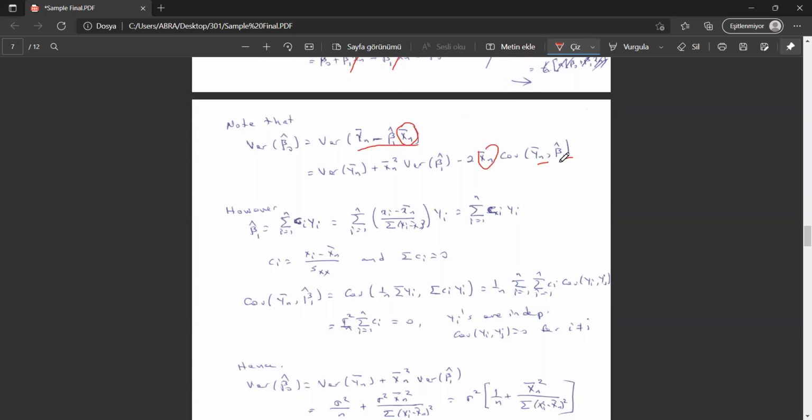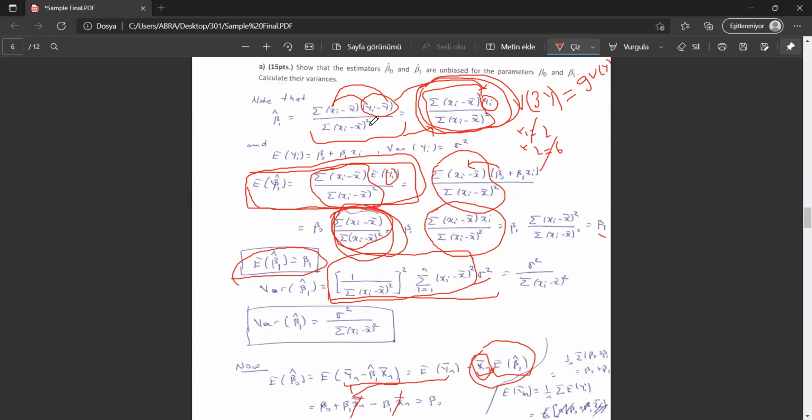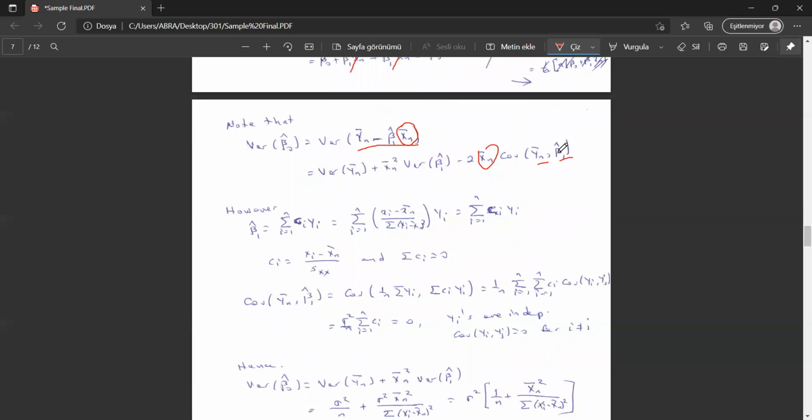Now here beta 1 hat, as you know, is this summation of xi minus x bar over summation of xi minus x bar squared, and we have a y here, right? So instead of this beta 1 hat, I can write summation of xi minus x bar over summation of xi minus x bar squared times yi.